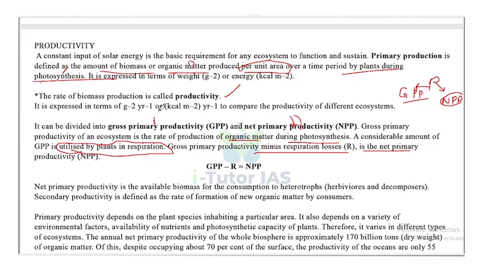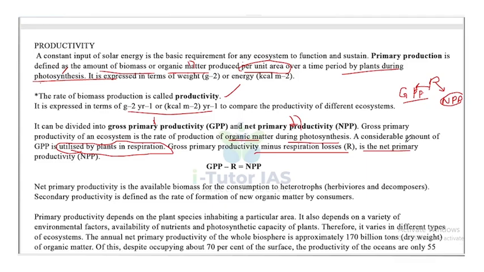So we have seen what productivity is. Productivity is the rate at which biomass is produced, and we have seen the units of these as well. Now productivity can be divided into two categories: gross primary productivity and net primary productivity, and we have seen the definitions also. Gross primary productivity is simply the rate of production of organic matter during photosynthesis.